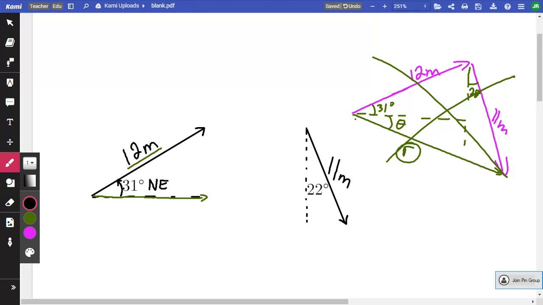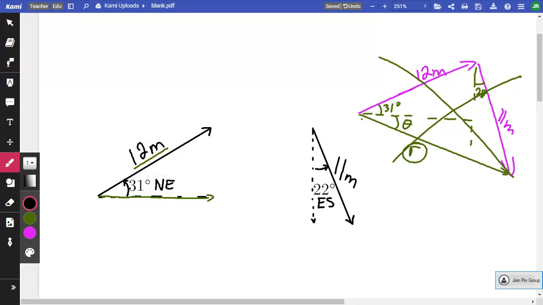And this 22 degrees would be, we started off going south and we went towards the east. So this would be east of the south that we started going. Just so you know.